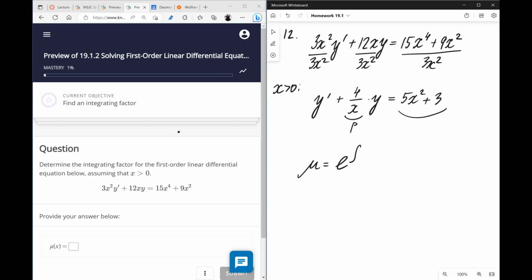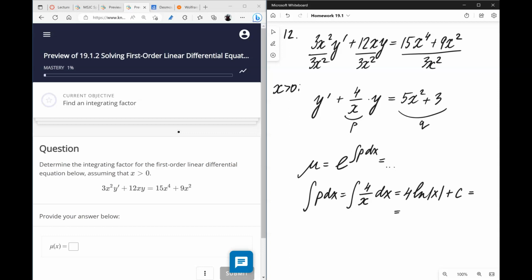This is P, this is Q, so it's going to be e to the power integral of P dx, and here I'm going to hit the pause, and I will just find the integral of P dx as the integral of 4x dx, so it's going to be 4 ln absolute value of x plus c.